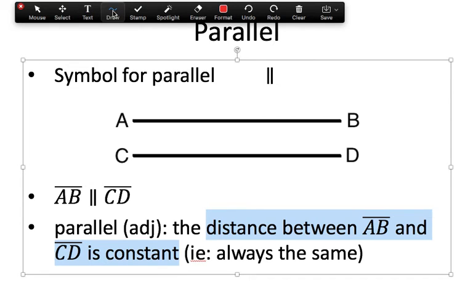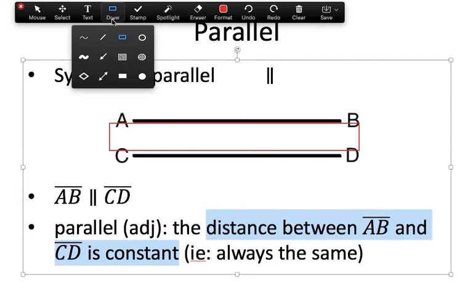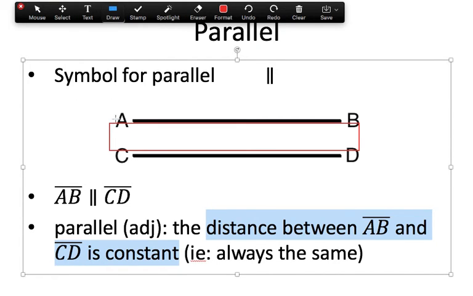So for example, if I were to draw a different rectangle, let's say I were to draw a rectangle right here.